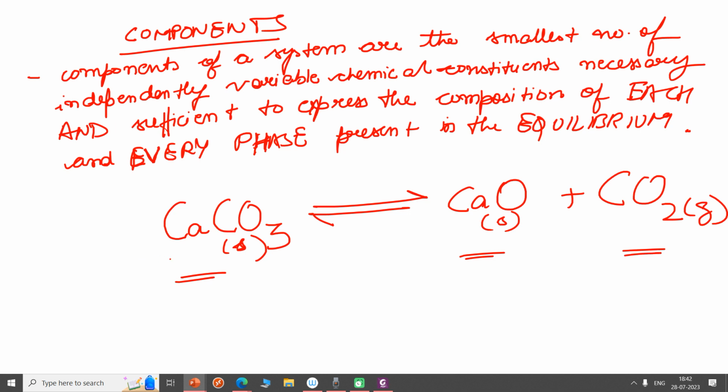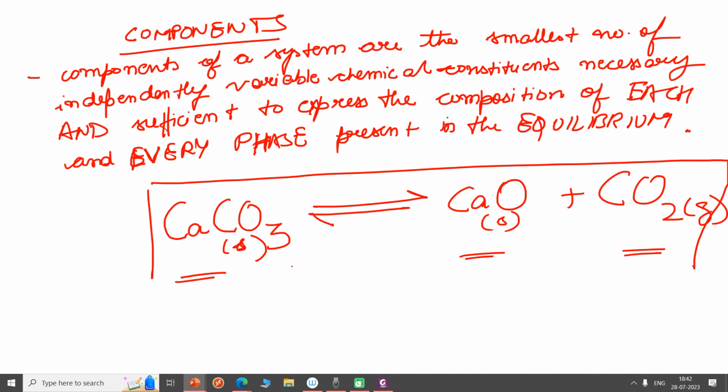We can't describe the whole state of equilibrium by taking the chemical formulas of CaCO3, CaO, and CO2, since they are not independent.